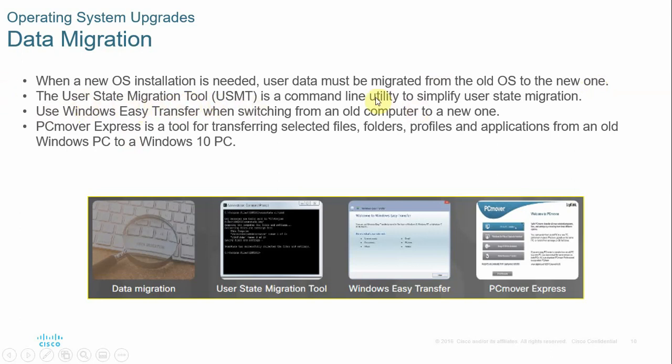It is a command line utility to simplify user state migrations. We have Windows Easy Transfer also, where you can migrate your files from the old OS to your new OS. So we have data migration, the User State Migration Tool, Windows Easy Transfer, and PC Mover Express.